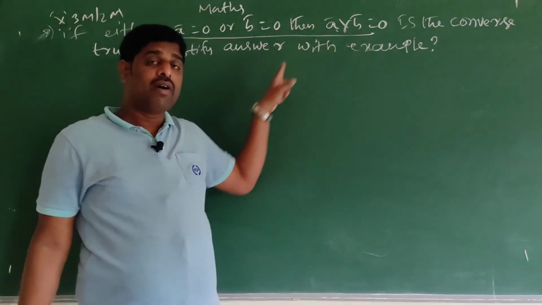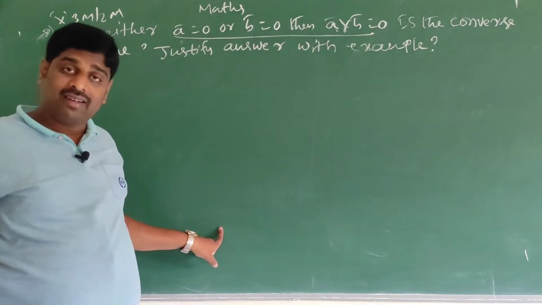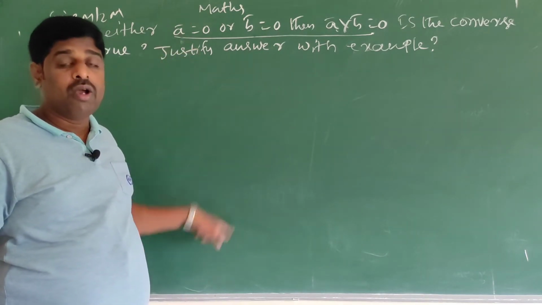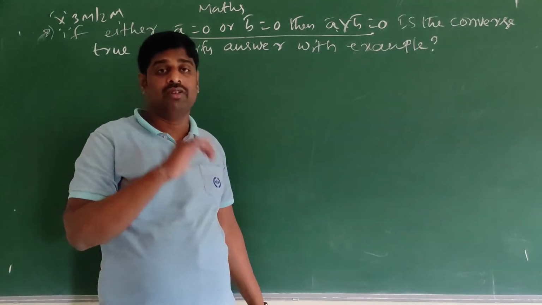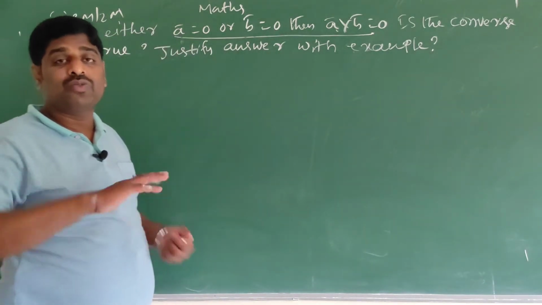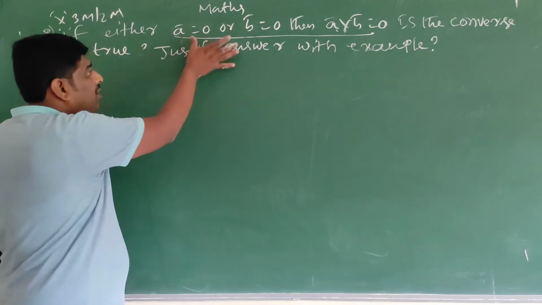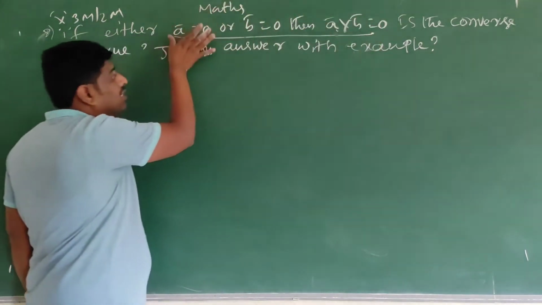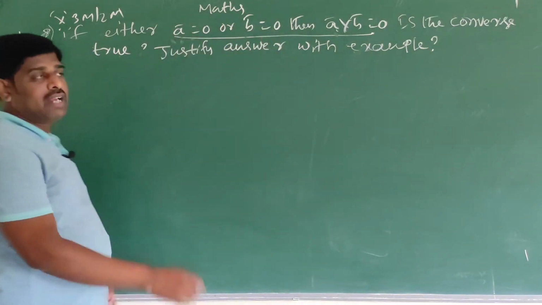When I get a bar cross b bar equals 0, I again have to prove the magnitude of a bar equals 0 or the magnitude of b bar equals 0. This is the converse. Converse means vice versa. That is the converse part.